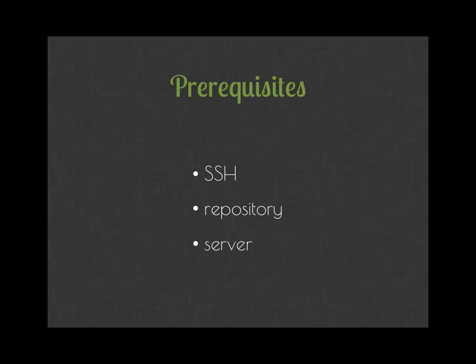In version 2 of Capistrano, you can use Git, Subversion, or Mercurial for your repository. I think in version 3 it's only Git at the moment. But as we are all Drupal developers, for most of us, this won't be a problem.